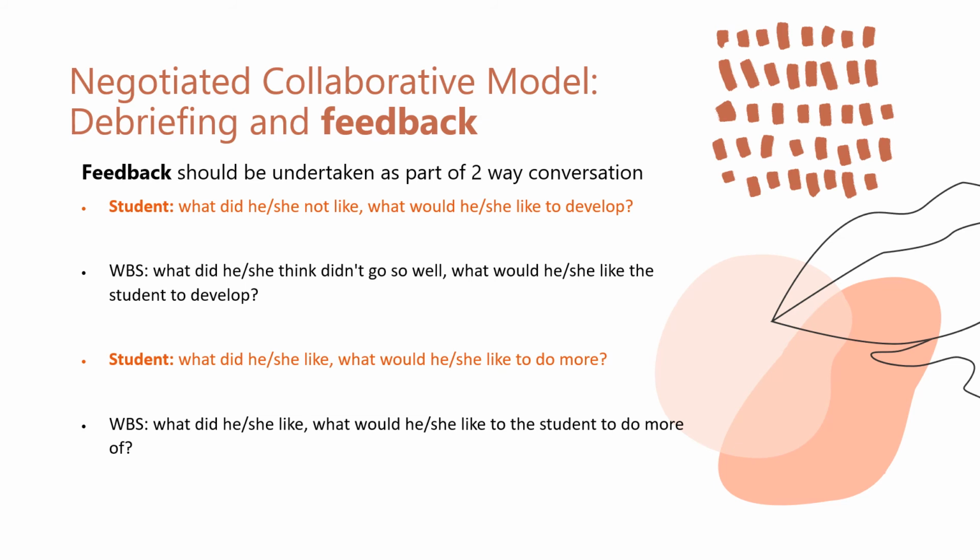Don't underestimate the time that it will take you to verbally feed back to the student. So do ensure that you book out sufficient time. And again, you can speak to the practice educator and talk to them about their experiences.